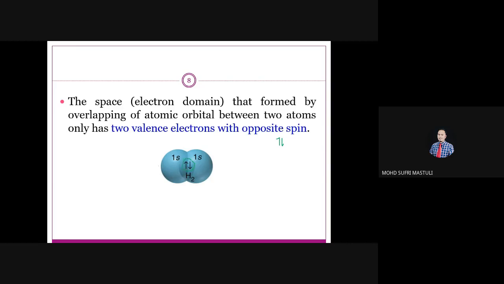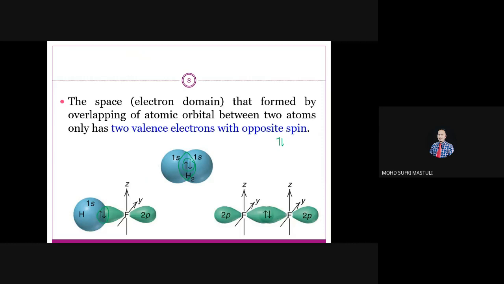The space of the electron domain where we form the overlapping area, within the overlapping area, it has two valence electrons up and down. Here also the overlapping area, it has two valence electrons up and down, and here too they have electrons up and down.